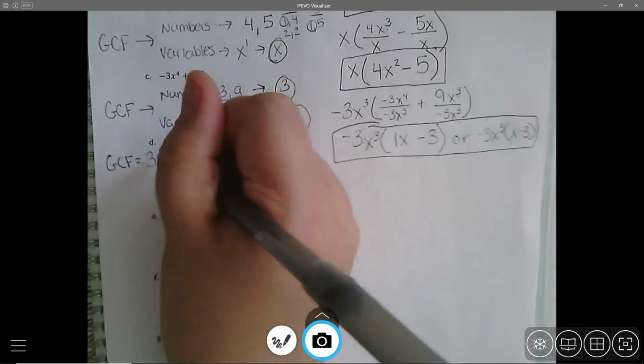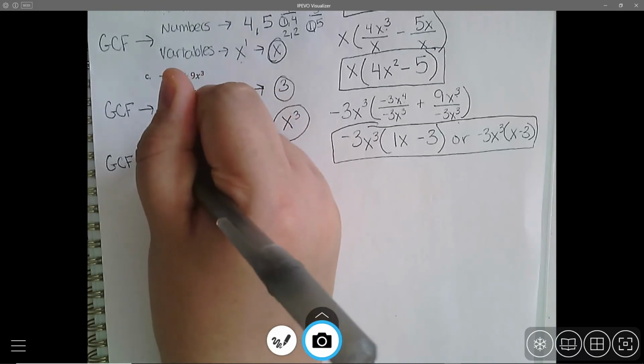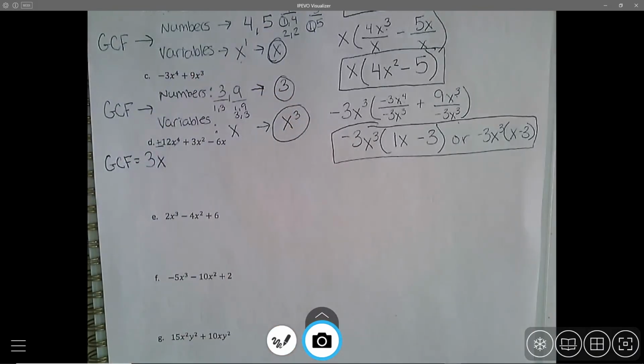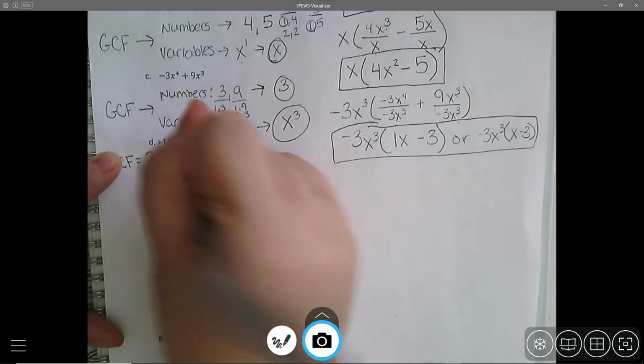Now, since my biggest exponent of x has a positive, or really nothing in front, I don't have to take out a negative. You only take out a negative when your highest exponent with your variable has a negative in front of it. So now, taking out 3x. Okay, it's like what I'm going to do.